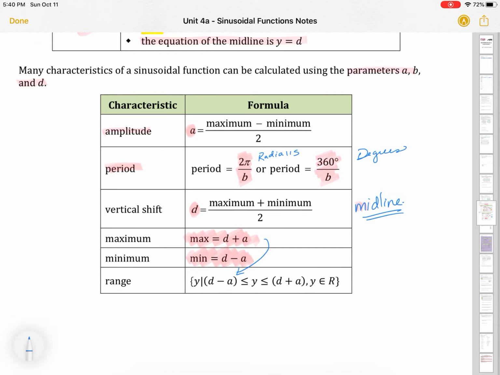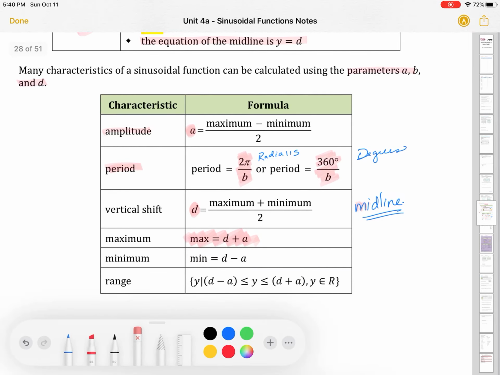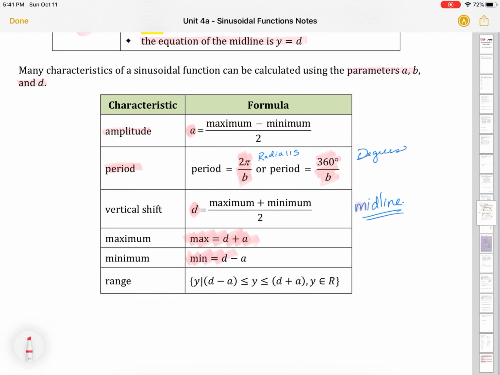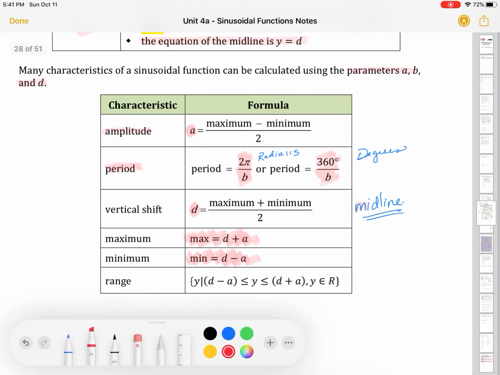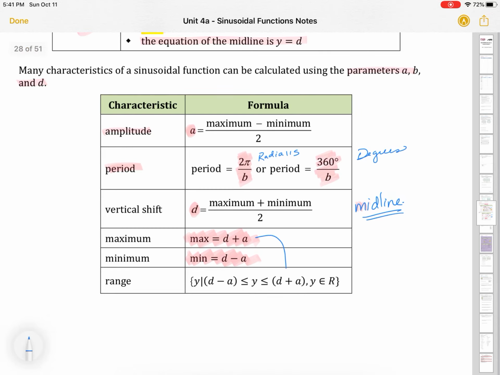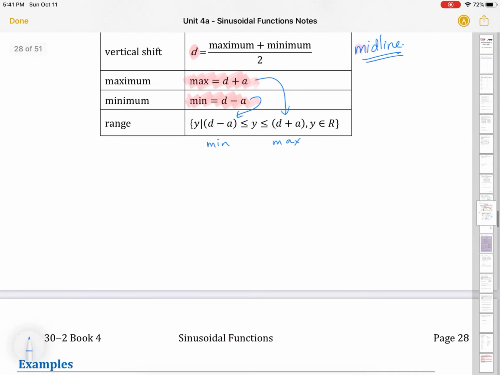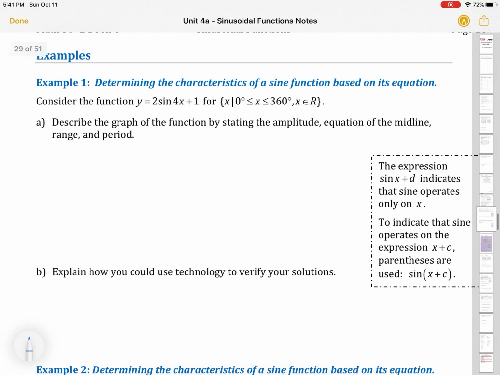So this is your maximum and this is, sorry, wrong way around. Let's highlight this, reverse. Maximum and minimum, min, max. But all those pieces of information are available in the formula given. So let's play around with that.